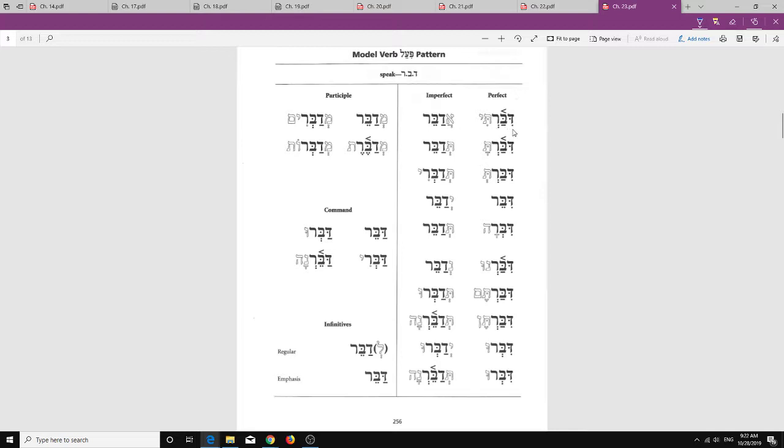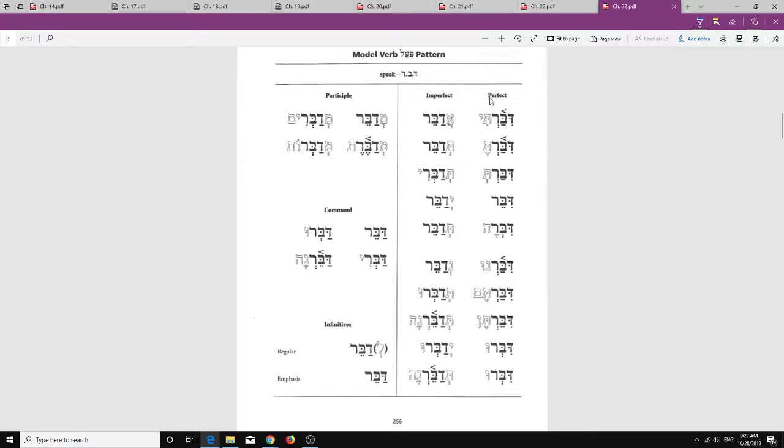And one of those in the perfect is this hirik right here under the first letter. So you can hear that as you say Piel, right? You can see this hirik, this long I sound that makes E, right? Other things I'd like to draw your attention to: notice that these signal letters are pretty much what you're familiar with already. So great, right?